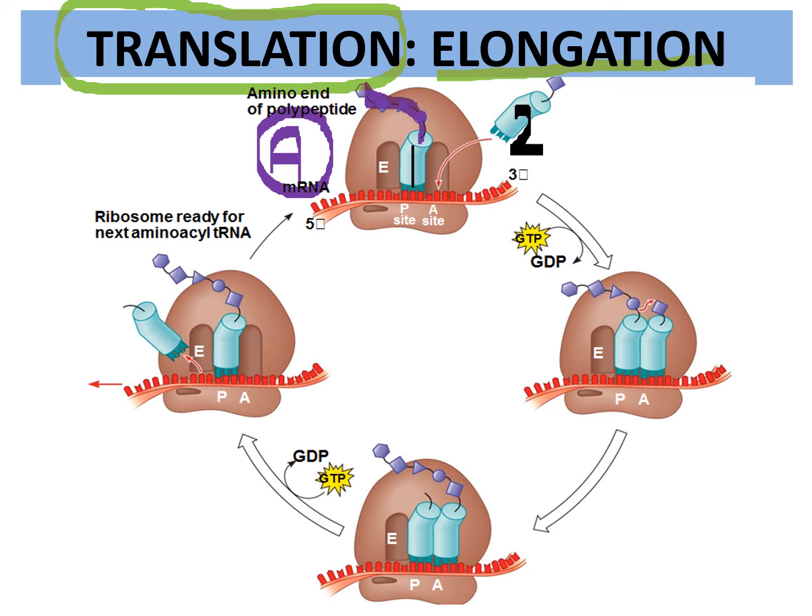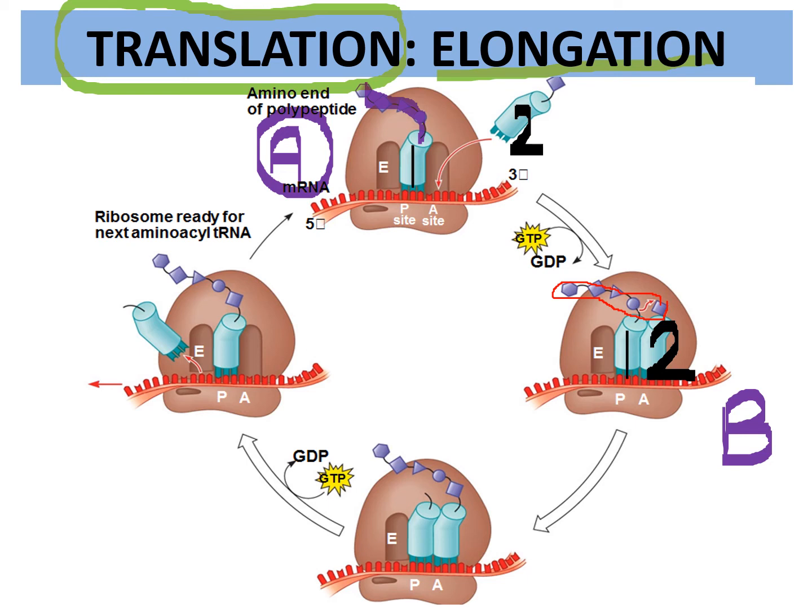So in diagram number B, we see that your second tRNA molecule has now entered into your A site. And once it has entered into your A site, it will form a bond, and by it I mean the amino acid attached to the end of that tRNA molecule will form a bond to the growing polypeptide chain on tRNA molecule number 1.